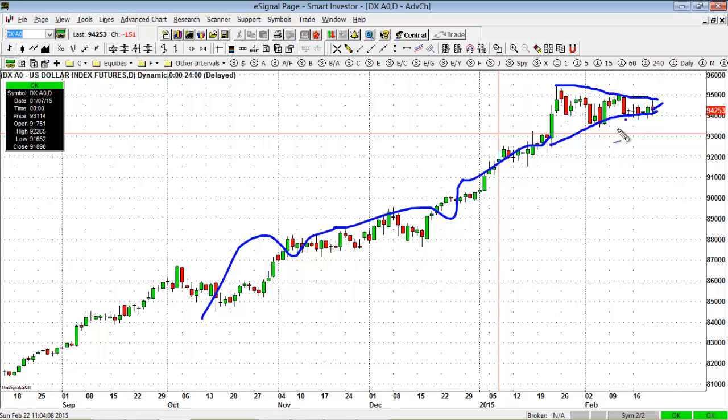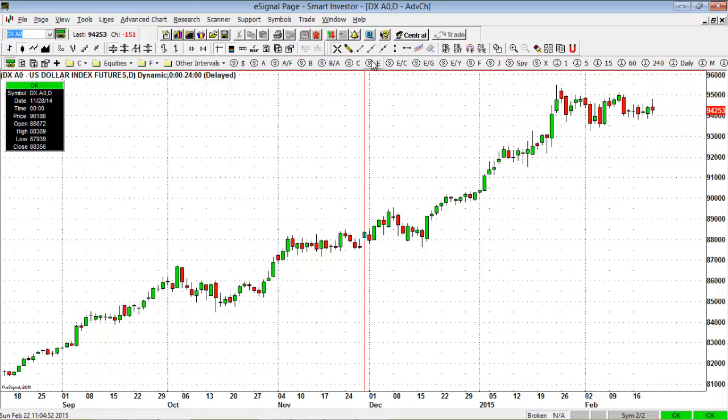I spoke about this last week: in these triangular consolidation patterns, about 80% of the time the market will continue moving up, and 20% of the time it will go down and reverse. So we just have to wait and see which way this market will break on the US dollar index.